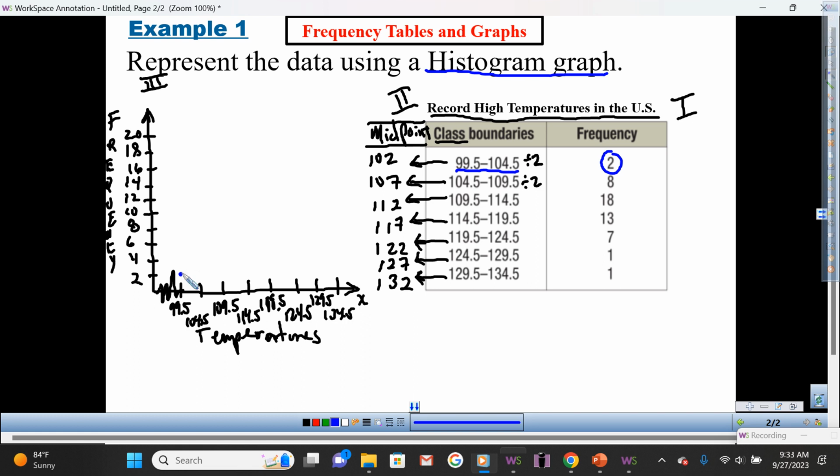Here's 99.5. Here's 104.5. And also use the midpoint. The midpoint is in between these two, which is 102. Make the midpoint a little bit bigger than the rest. Everybody there so far? So watch. Draw a line across. Draw a line down to 104.5 and a line down to 99.5, and then just fill in your histogram bar.